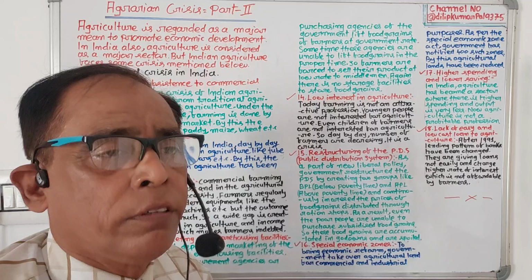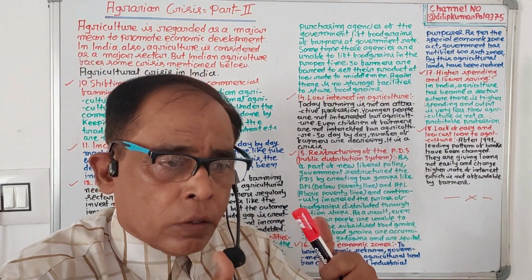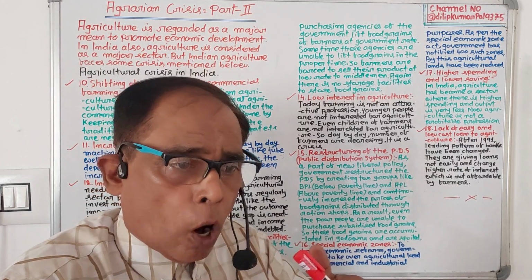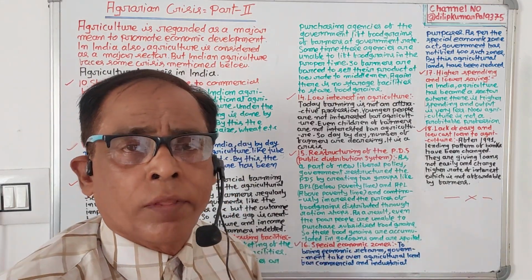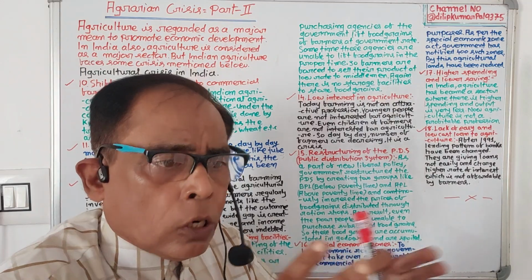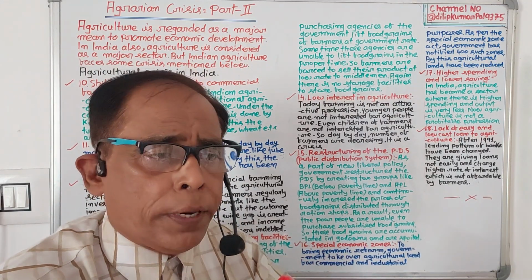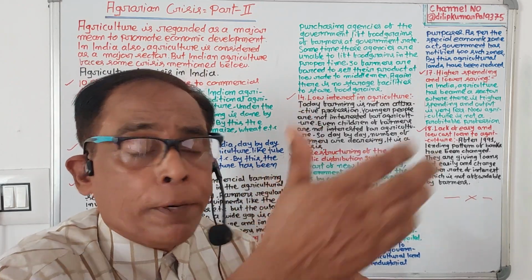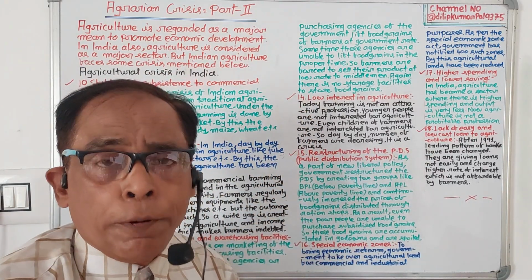Another problem of Indian agriculture is that when, on the basis of new liberal policy, government restructured its public distribution system, it created two types of people: above poverty line, APL, and below poverty line, BPL.